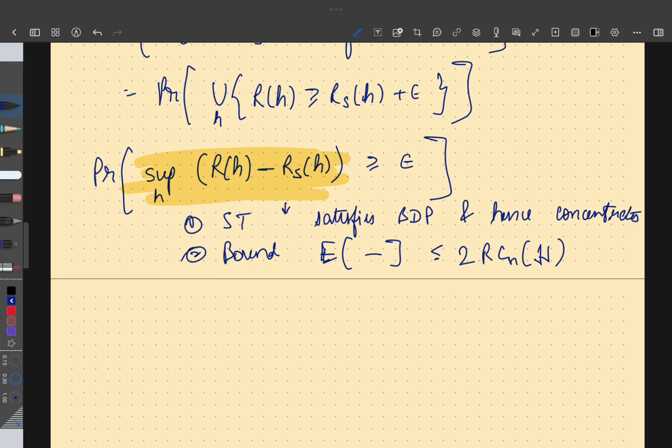It bounds the maximum deviation possible between the empirical risk and the average risk. All right, it's not exactly equal to, it's an upper bound, but it's a decent enough upper bound, as we'll see.